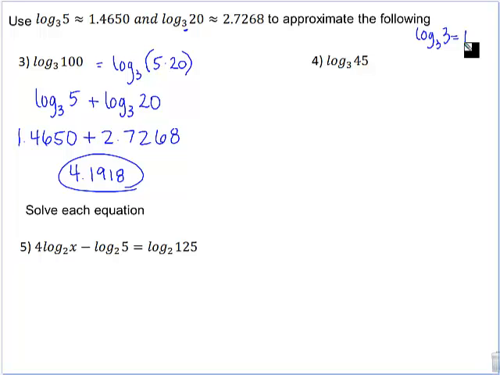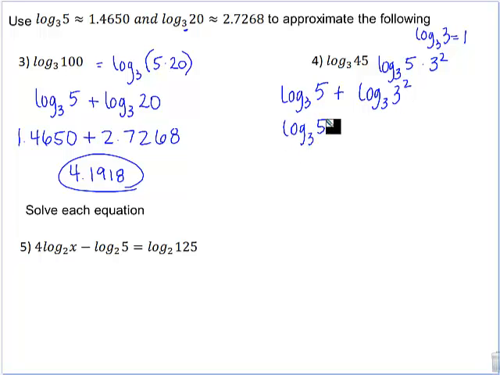3 squared. So log base 3 of 45 is the same thing as log base 3 of 5 times 3 squared. We first have to split this up into adding, because only the 3 is squared, the 5 isn't, so we can't bring the 2 out in front yet. So we can say this is log base 3 of 5 plus log base 3 of 3 squared. And then what does that power of a square do there? Yeah, it goes out in front.